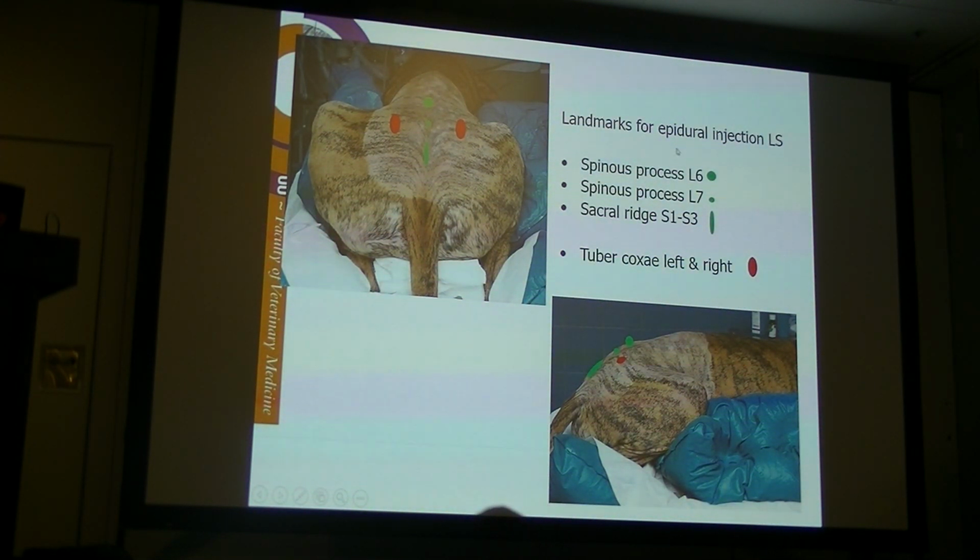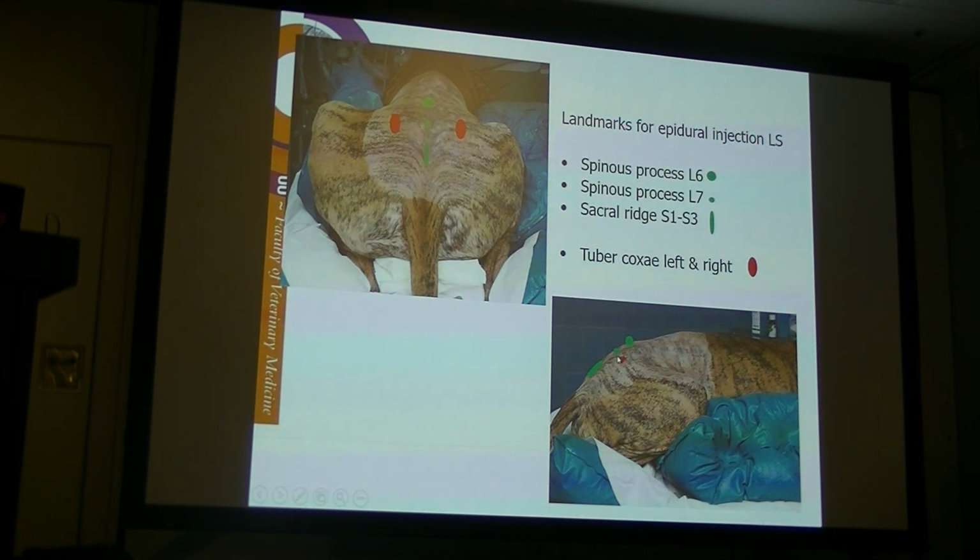So the landmarks for epidural injection in the lumbosacral area is the spinous process of L6, which is cranial to the tuber coxae. So these mark the tuber coxae in red. And then we have the spinous process of L7, which tends to be right between the tuber coxae. And then this is the sacral crest.